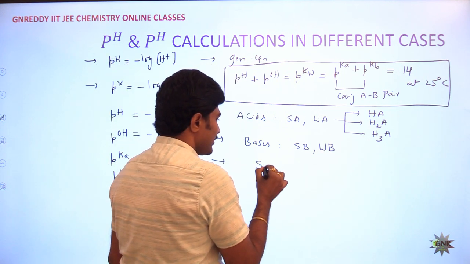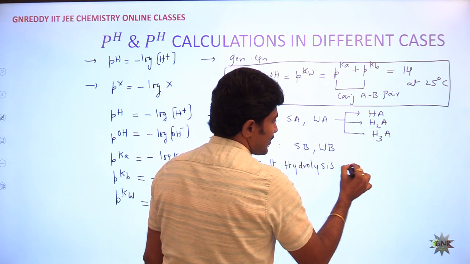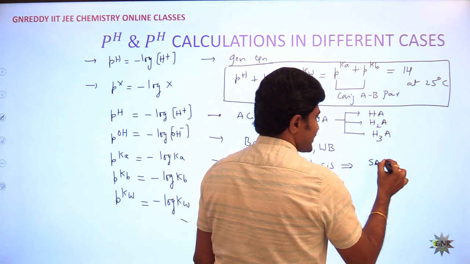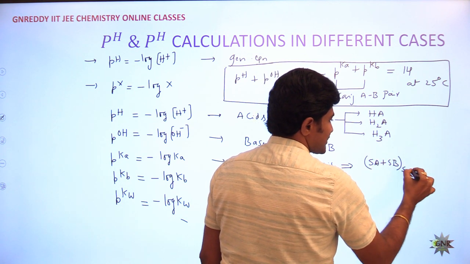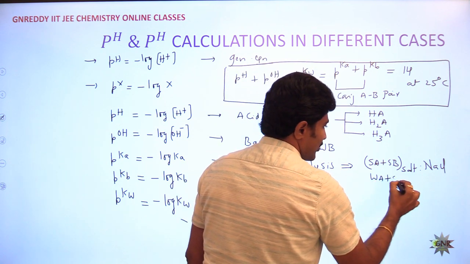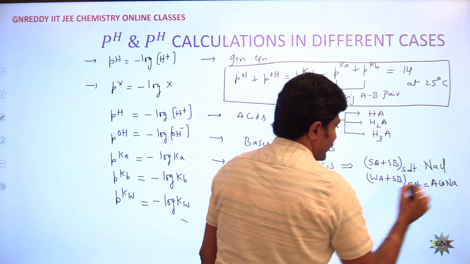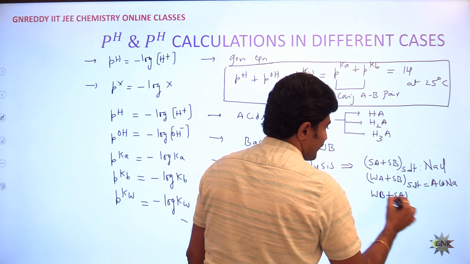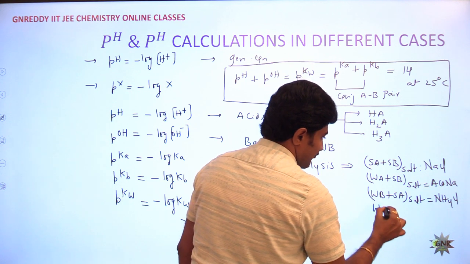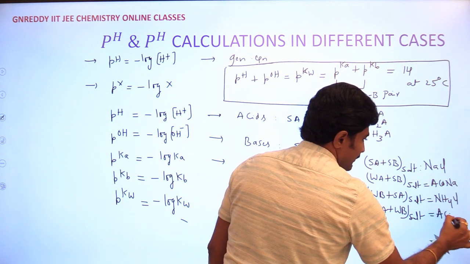Apart from these, different salts and the corresponding salt hydrolysis pH. In salt hydrolysis we are going to study 6 types of salts: strong acid strong base salt, the NaCl model; weak acid strong base salt, the sodium acetate model; weak base strong acid salt, that is ammonium chloride; and weak acid weak base salt, that is ammonium acetate.